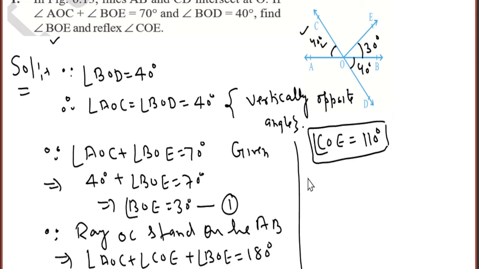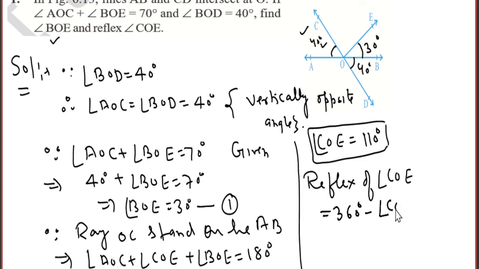So reflex of angle COE is equal to 360 degree minus angle COE, and since COE is 110 degree, reflex of this one is equal to 250 degree. This question is over. Please complete this one, then we have to solve the second question.